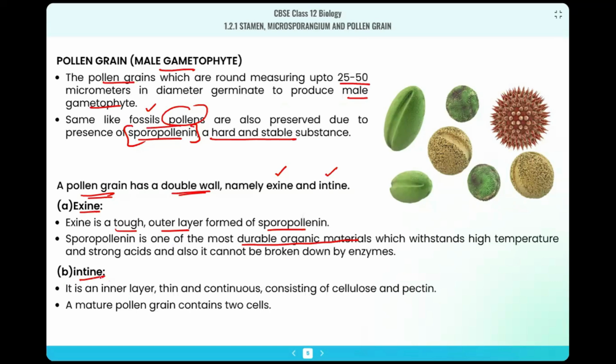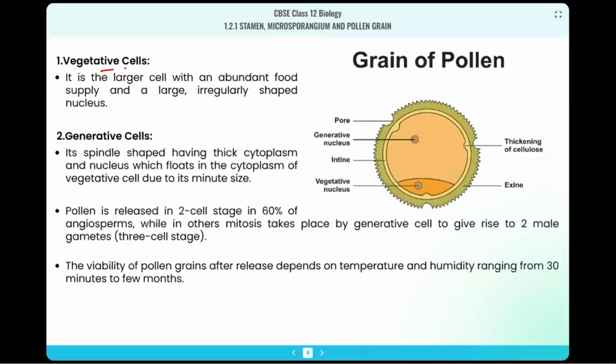Now coming to intine. Intine is an inner layer, thin, continuous, consisting of cellulose and pectin. Remember the constituents of the intine layer are cellulose and pectin. A mature pollen grain contains two cells, the vegetative cell and the generative cell. The vegetative cell is a larger cell with an abundant food supply and a large irregularly shaped nucleus.